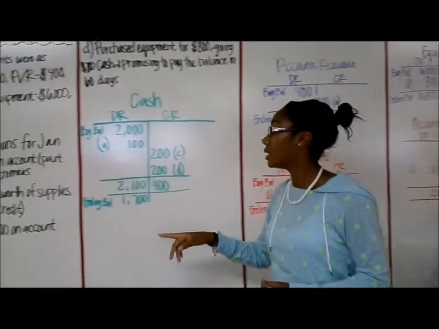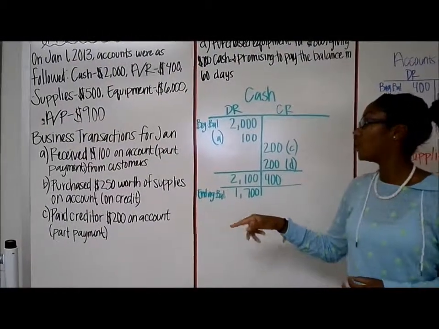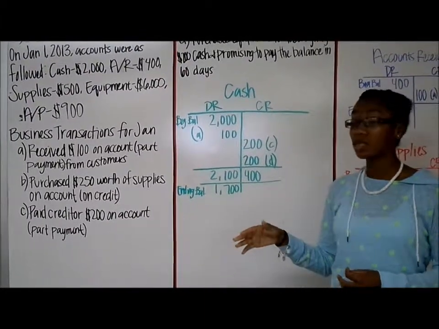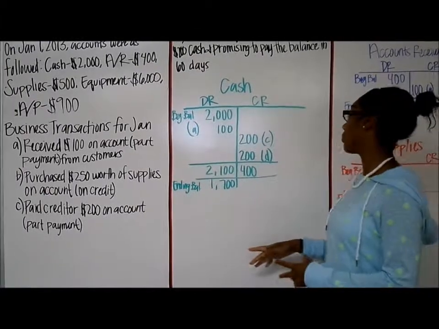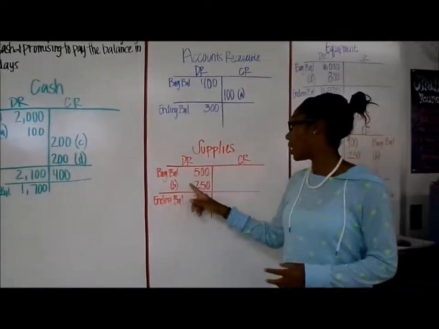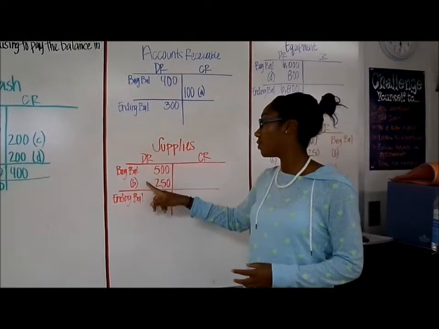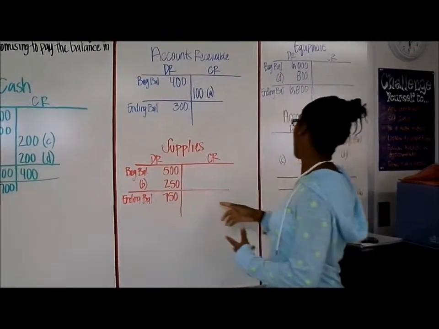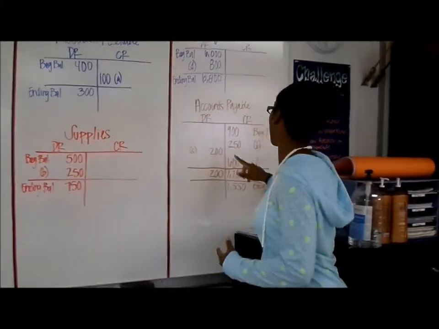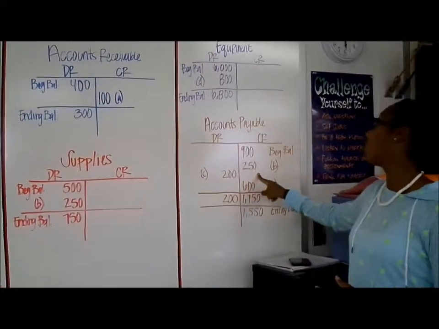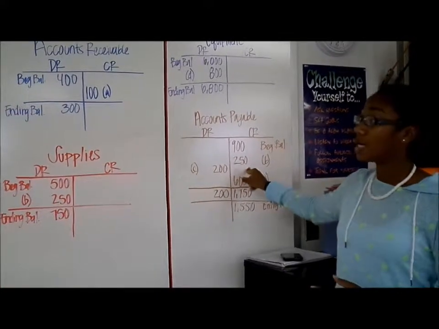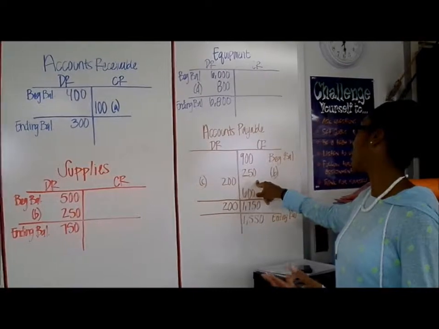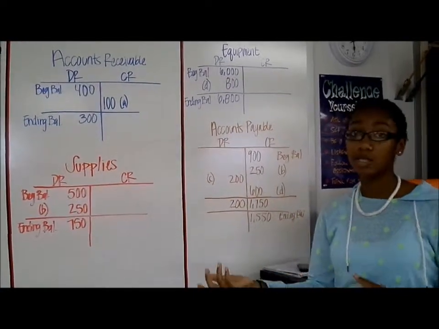For the second one, it says that your company purchased $250 worth of supplies on account. So for this one, you would debit supplies for $250 because you're buying supplies, and then you would also credit accounts payable for $250 because $250 is what you owe the business because you didn't pay for the supplies with cash.